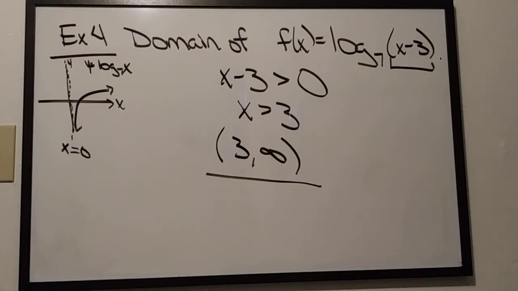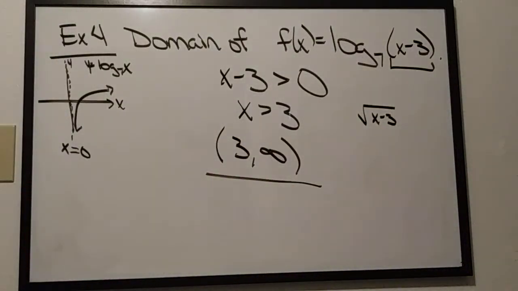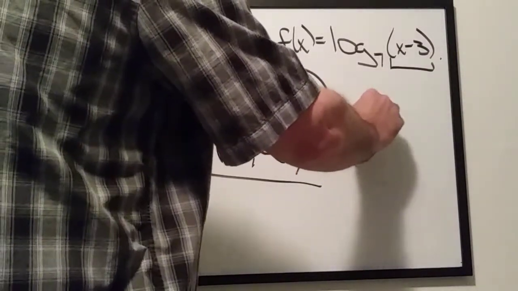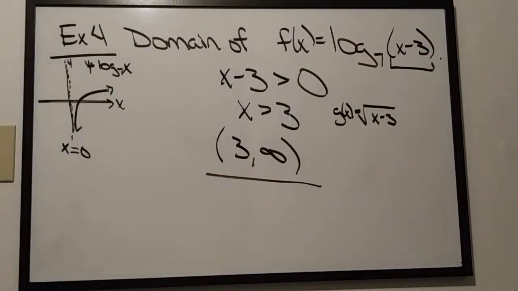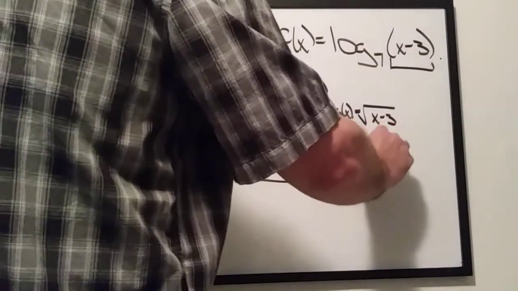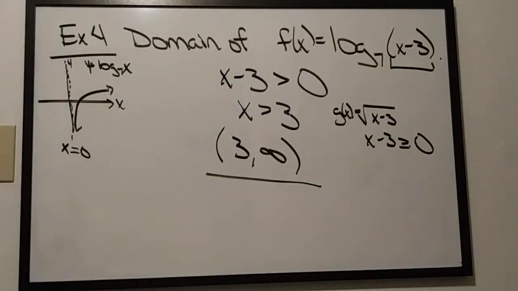Now, as you look at this, what this allows us to do is actually finish a story that we started earlier in the semester. We talked about problems earlier in the semester where we would have something like the square root of x minus 3. And if you were trying to find the domain of g of x equals the square root of x minus 3, you would take the radicand, x minus 3, and set that greater than or equal to 0.